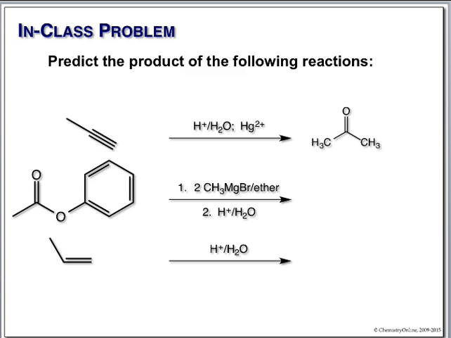But the thing to remember when you're reacting a carboxylate ester is that the alcohol portion of the ester is totally lost. So that just goes down the drain. What you're going to do is add 2 moles of your Grignard reagent to the carbonyl carbon.